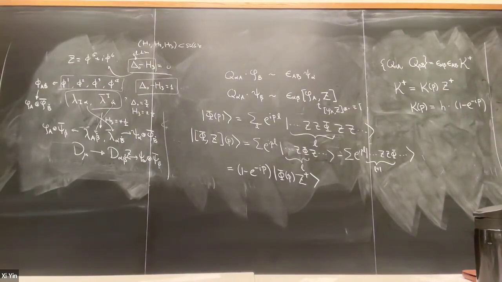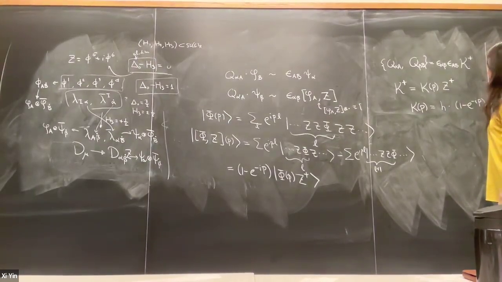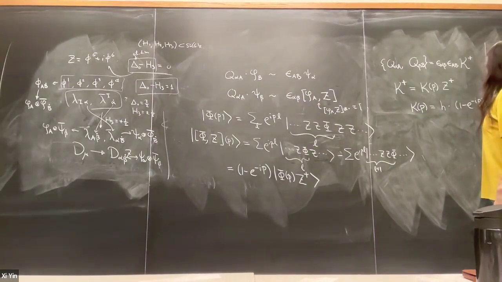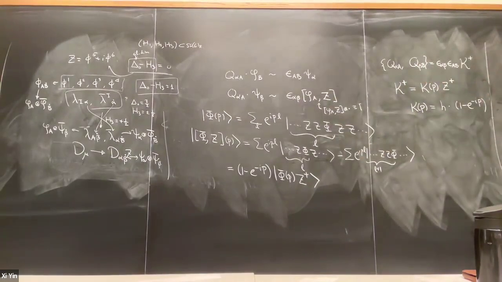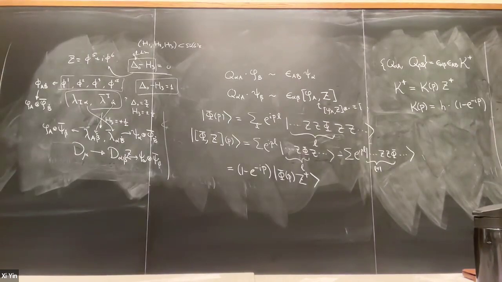You might say that you can just look at how the fields transform under the classical supersymmetry variation. It could involve the 't Hooft coupling lambda in principle.